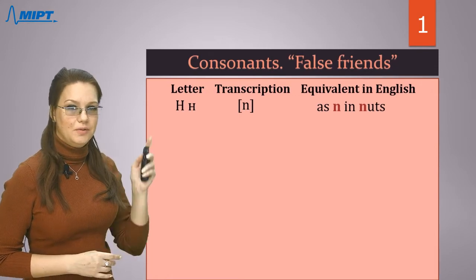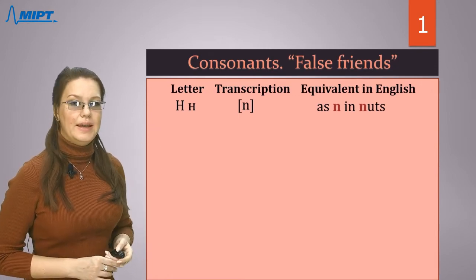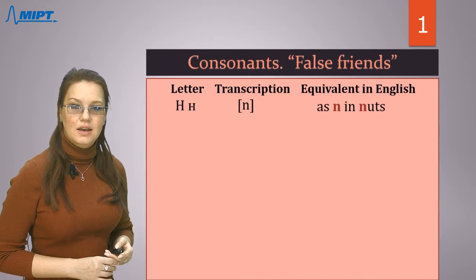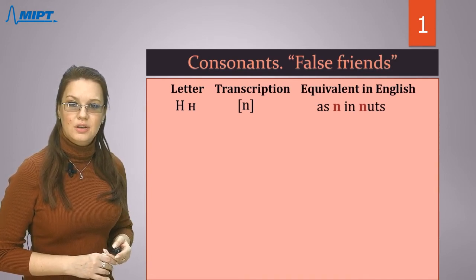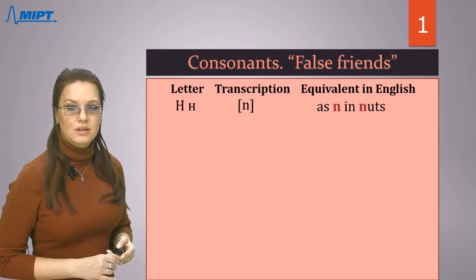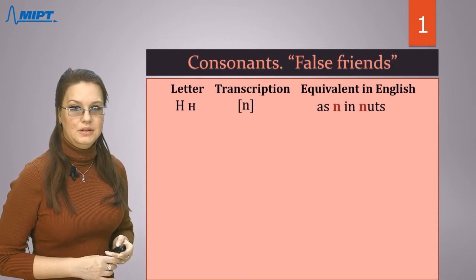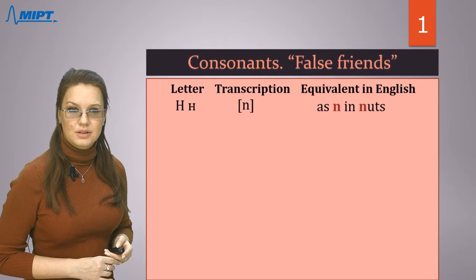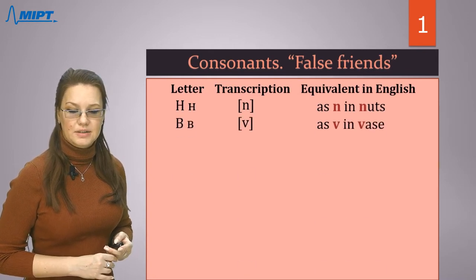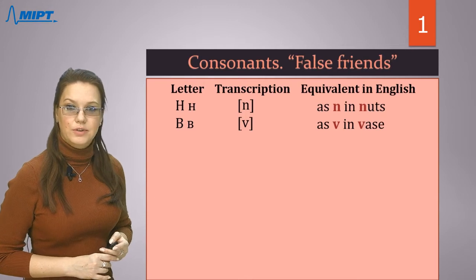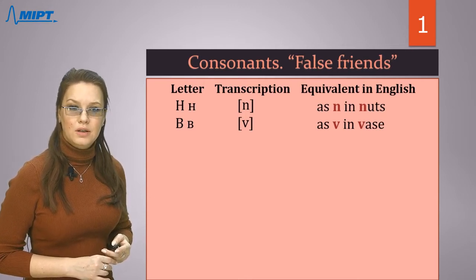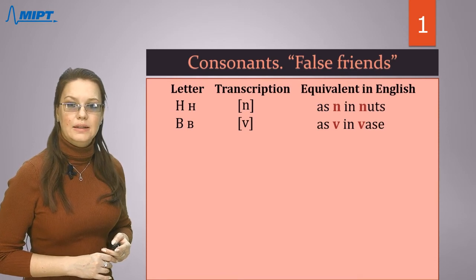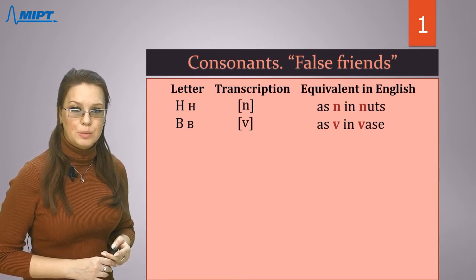So, the first letter is the letter N, and the sound is N, just N, as the letter N in the word nuts. Next letter is the letter V, and the sound is V, like in this word, vase.